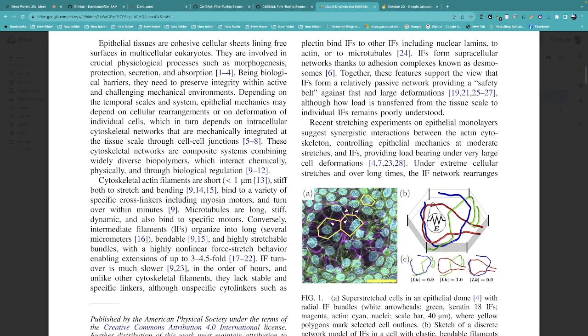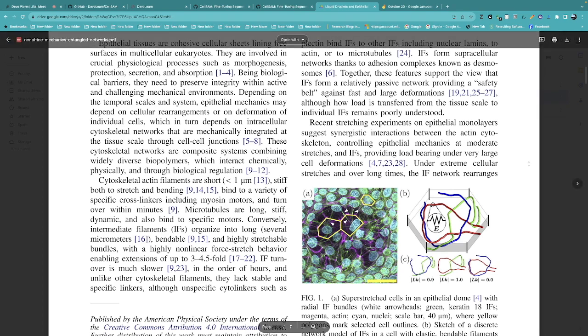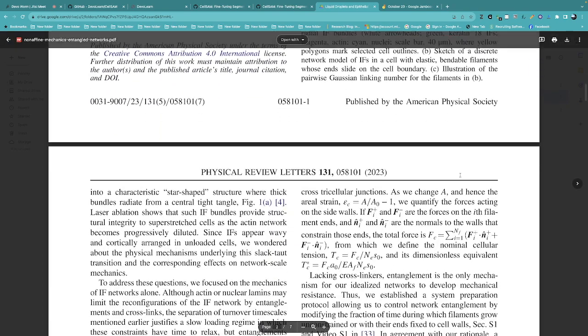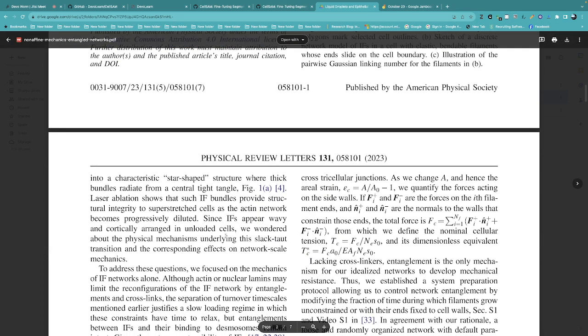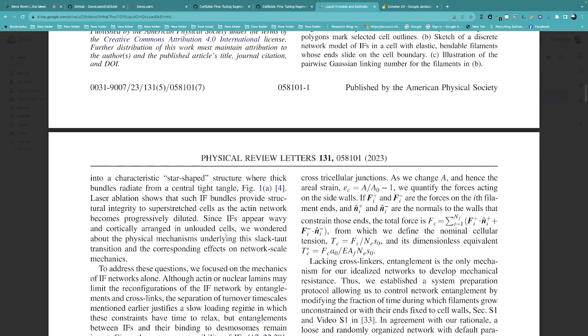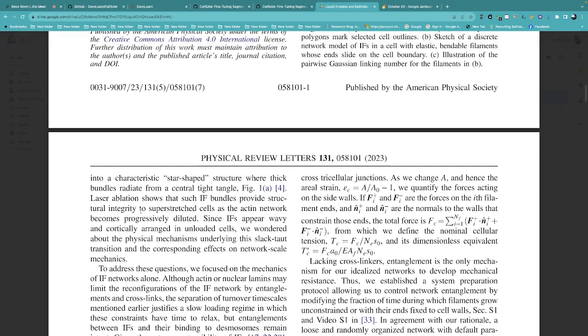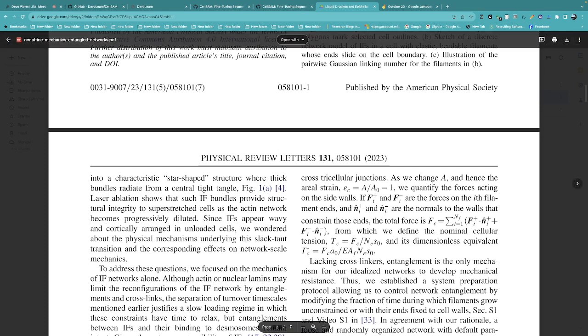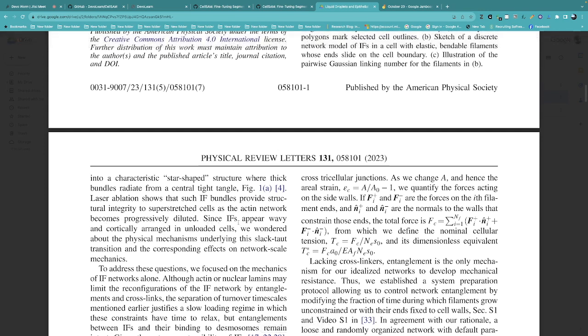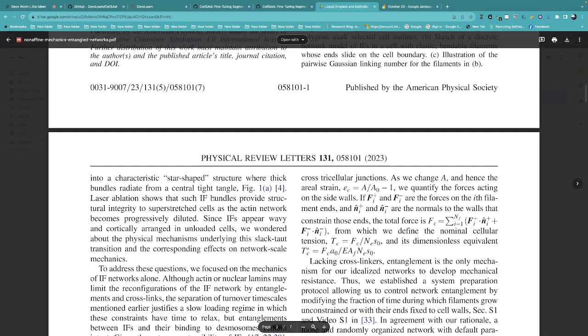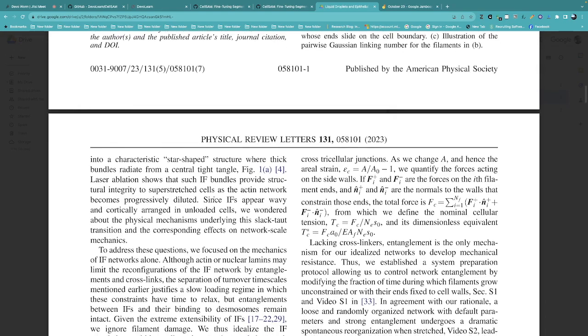Under extreme cellular stretches and over long times, the IF network rearranges itself into a star-shaped structure where thick bundles radiate from a central tight tangle. Laser ablation shows that such IF bundles provide structural integrity, so if they ablate them, superstretched cells fall apart as the actin network becomes progressively diluted. This is where most of the actin network falls apart, but you can still have IF bundles serving to preserve the structure.